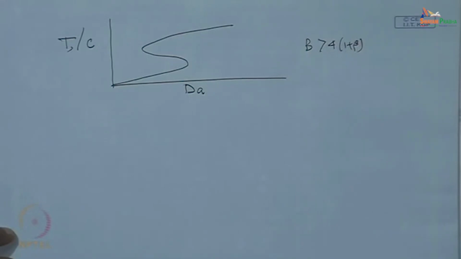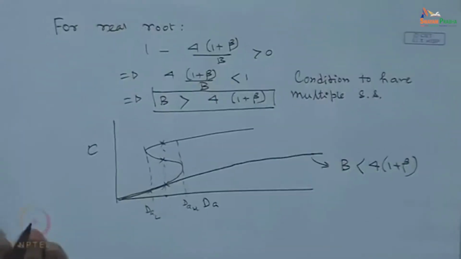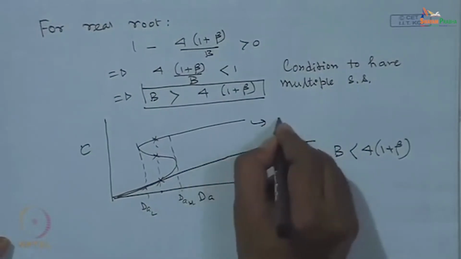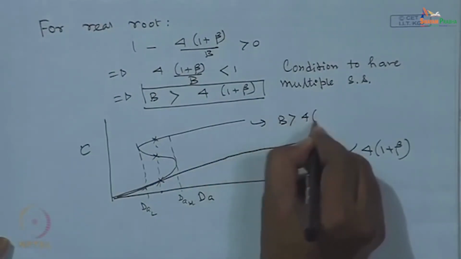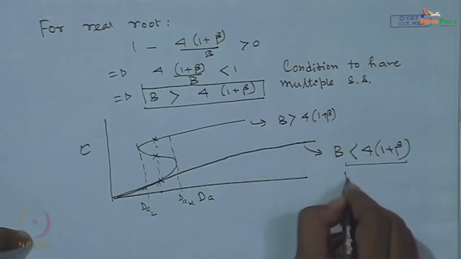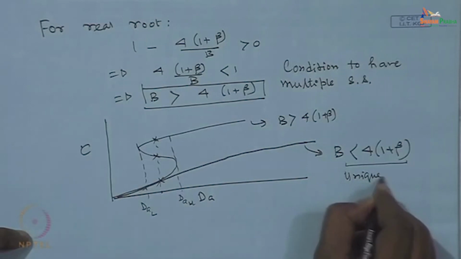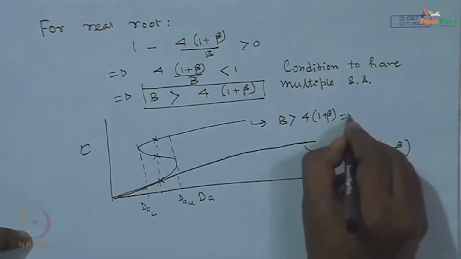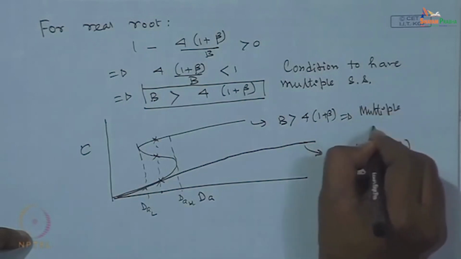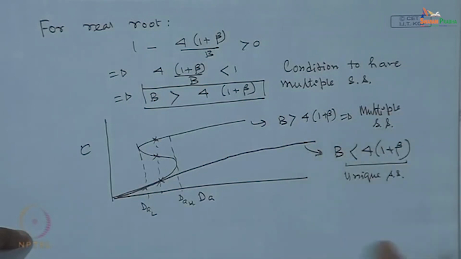So, summarizing what we obtained in the earlier slide, this is the condition for a unique steady state, and this is the condition for multiple steady states.